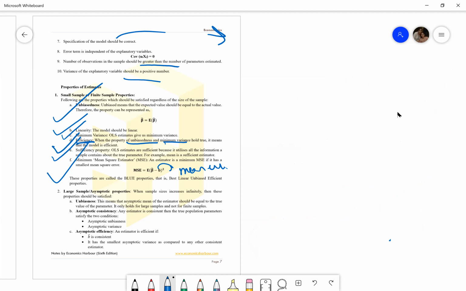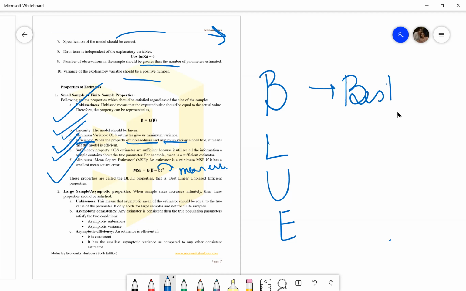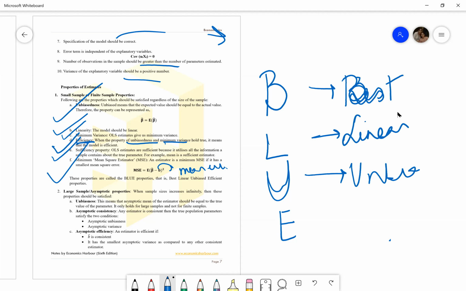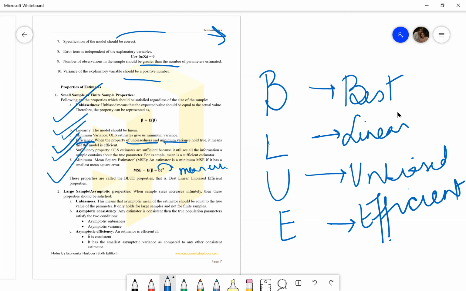So we always talk about BLUE properties in your OLS. This is best, linear, unbiased, efficient estimators. So we say that whatever estimators we get from applying OLS are the BLUE estimators.